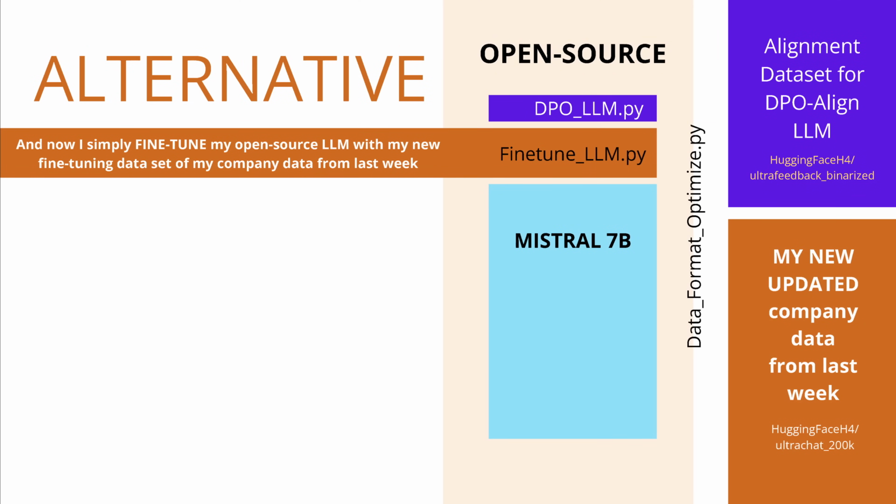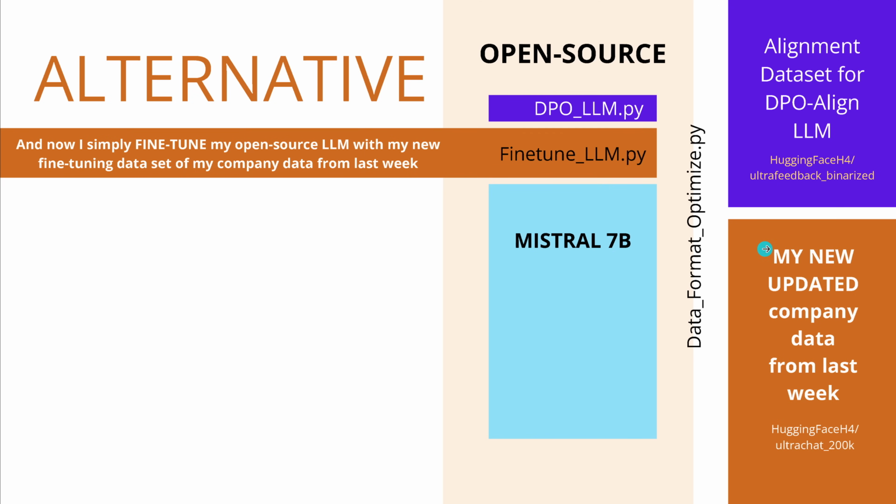Well, now you have seen everything about prompt engineering and in-context learning. You know, there is a simple alternative, and we have already had a look at this. You could bring this external knowledge into the LLM simply by using the fine-tuning algorithm.